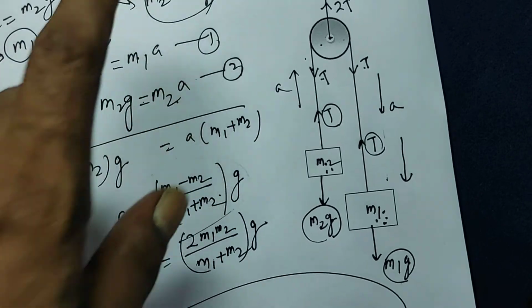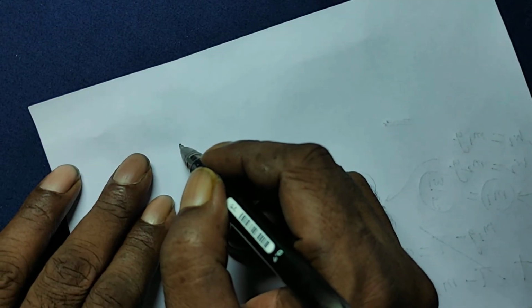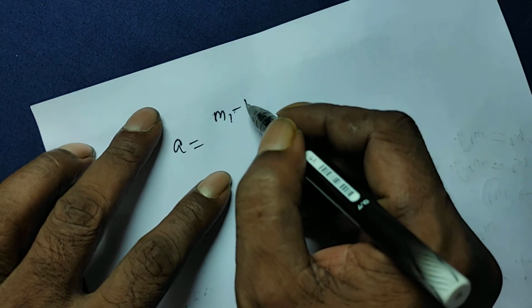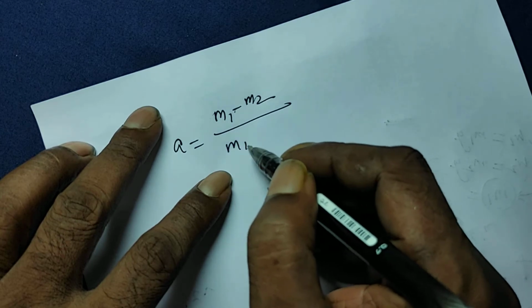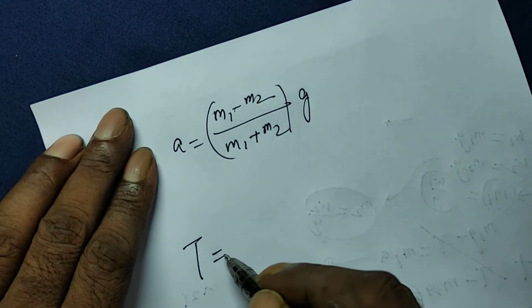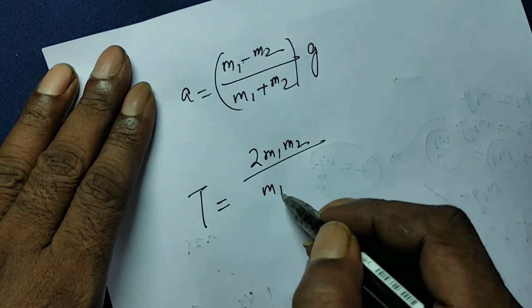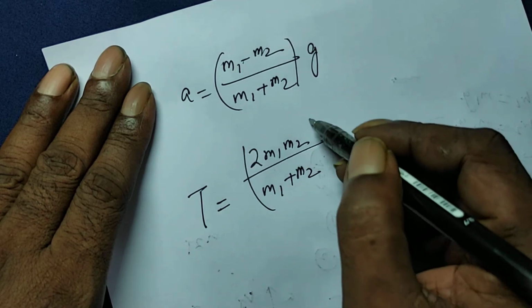I forgot to explain these two terms. In this case, your acceleration had come out to be m1 minus m2 over m1 plus m2 times g, and your t had come out to be 2 m1 m2 over m1 plus m2 times g.